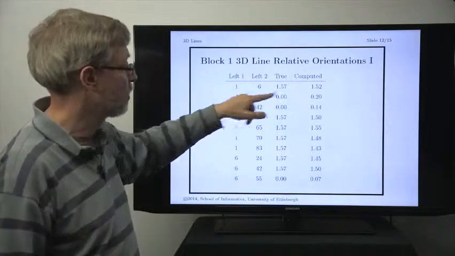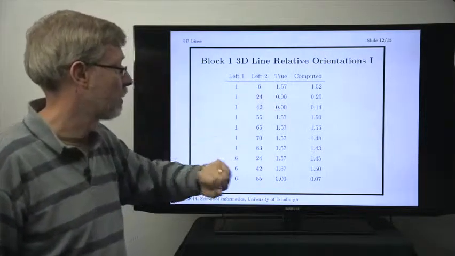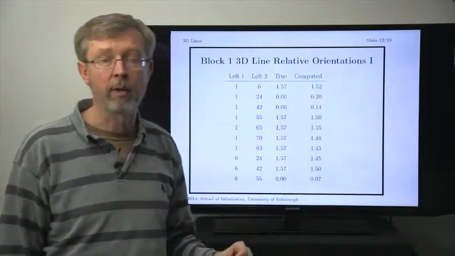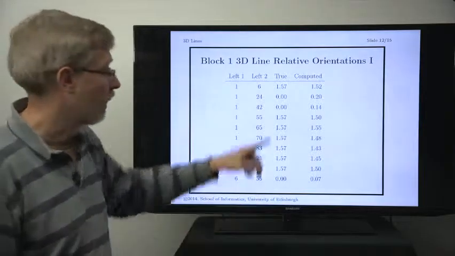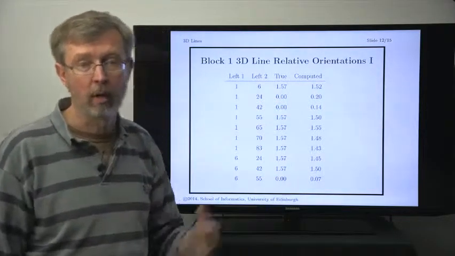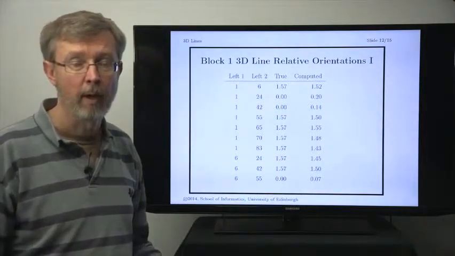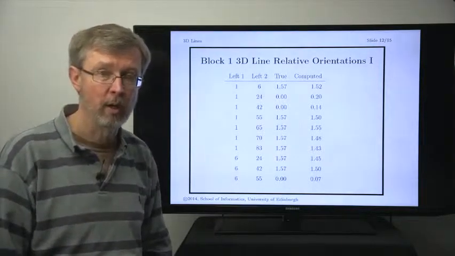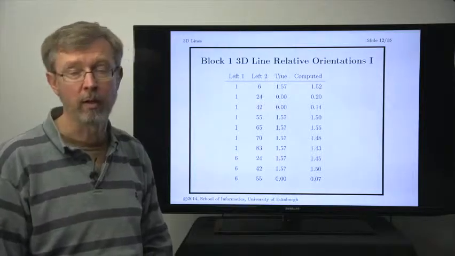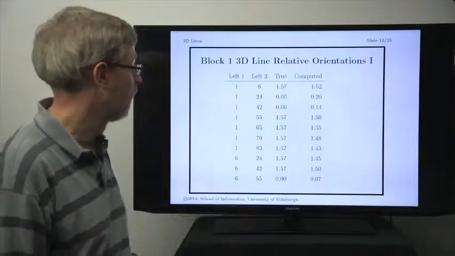The angle between these two should be pi/2, that's this number here. If we look at the calculated angle between these two line segments, we get 1.52. Considering all the errors that could possibly go wrong, the noise in the images, and the little imprecisions with edge detecting and line finding, that's pretty remarkable.